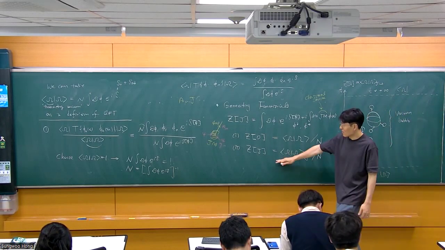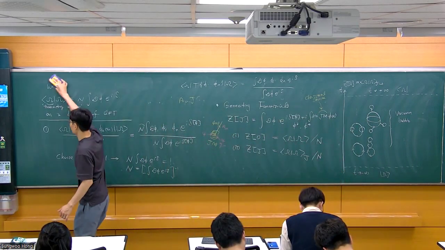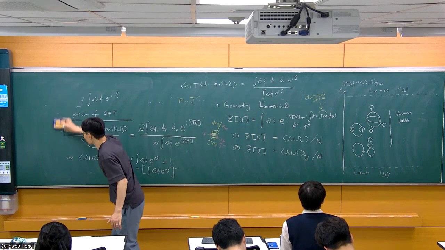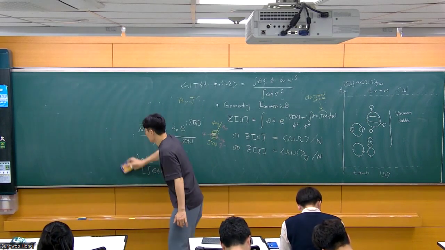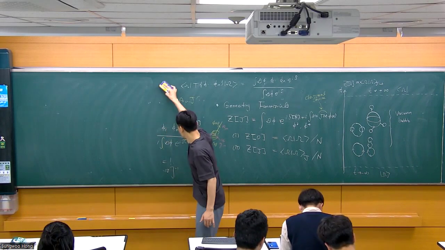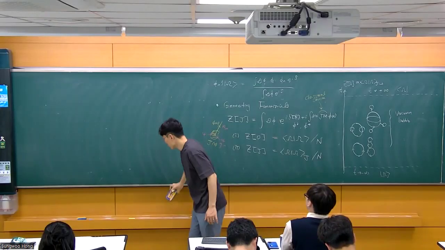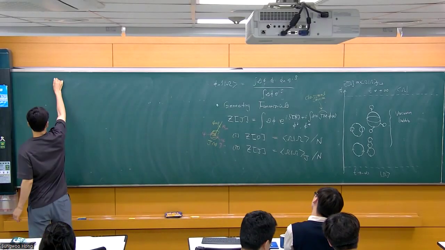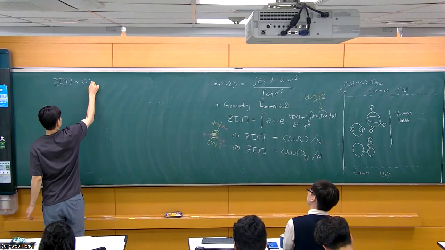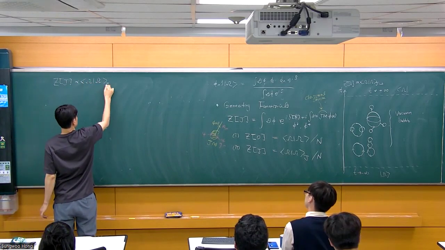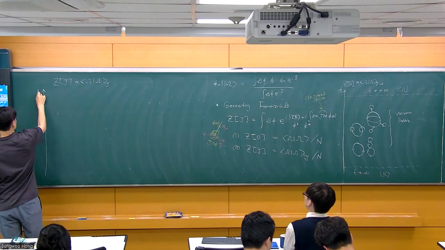Now let's ask, what about this now? We're going to ask again about the vacuum to vacuum transition, but in the presence of source. Now let's ask what happens. I'm going to draw a similar diagram here, which is now vacuum to vacuum in the presence of source.